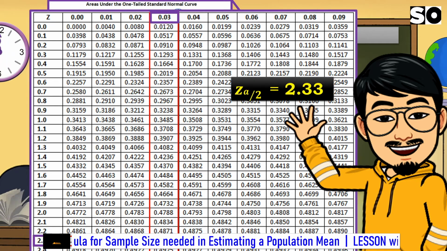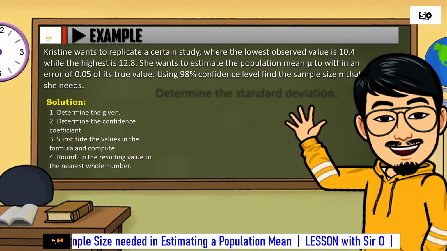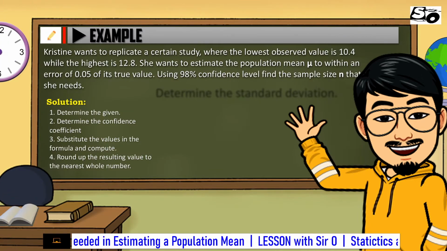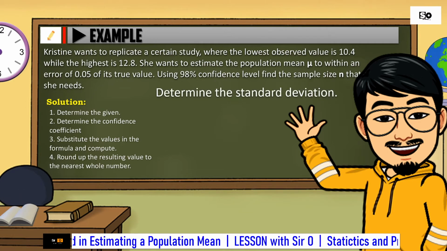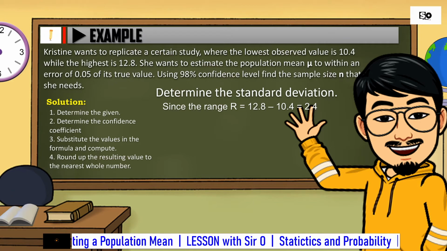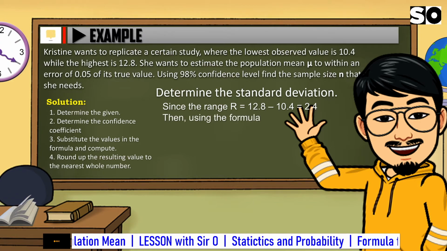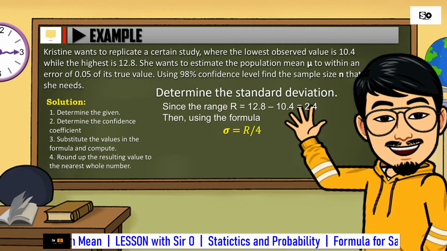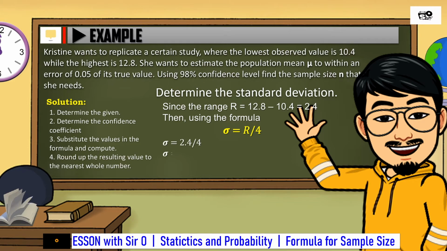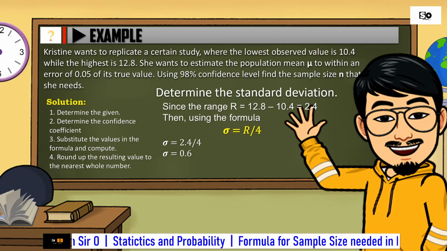Therefore, our Z score is equal to 2.33. As you can see in our example, we don't have a standard deviation. So first, we'll determine the standard deviation. Since the range R is equal to 12.8 minus 10.4 is equal to 2.4, then using the formula, standard deviation is equal to R over 4. We have 2.4 over 4. Standard deviation is equal to 0.6.